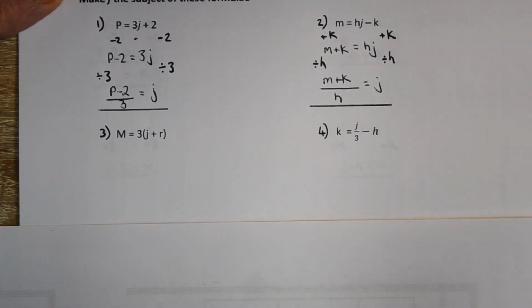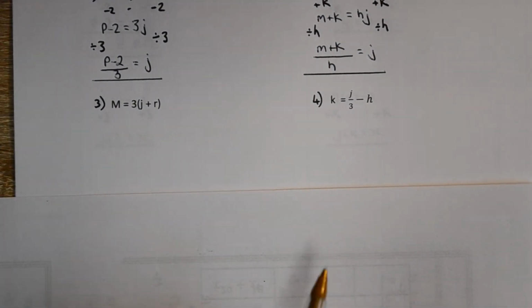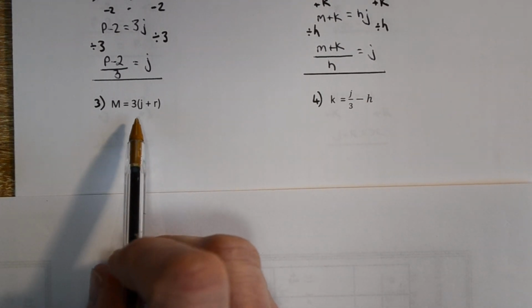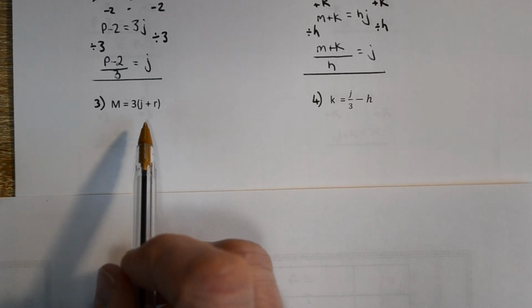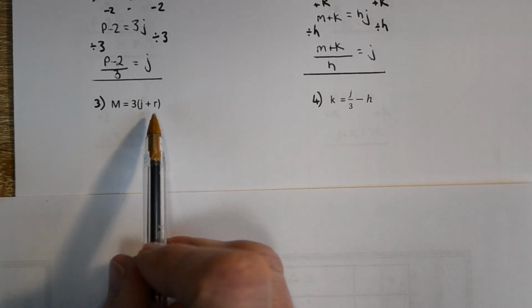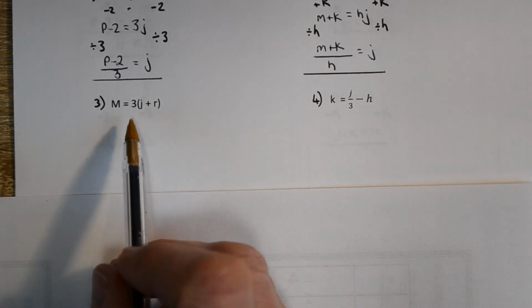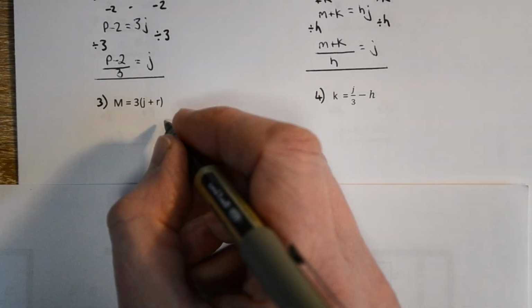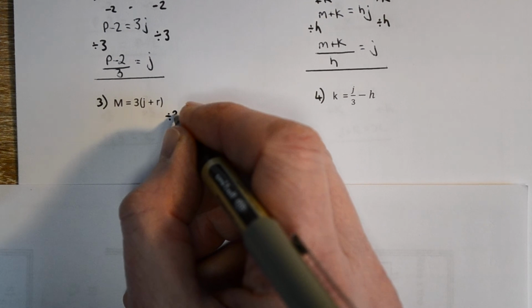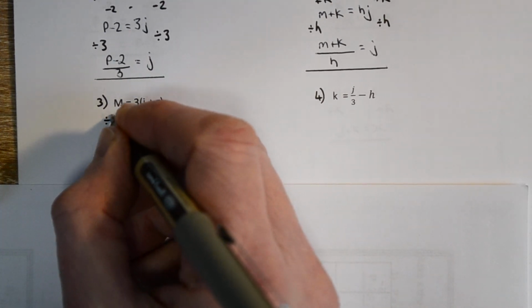Right. What about these two? Now on this one we can see we've got brackets there, and so we know the order of operations tells us that we do whatever's inside the brackets first and then what's on the outside. So the last thing that's been done to this one has been multiplied by 3, so we cancel that out by doing the opposite.